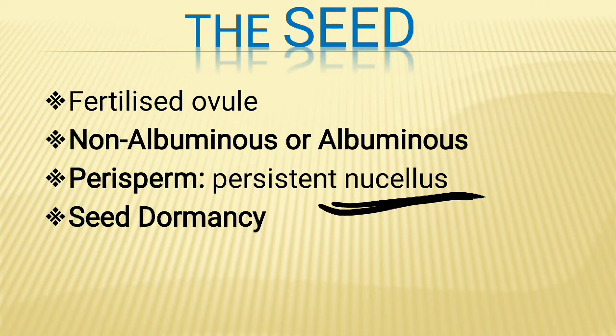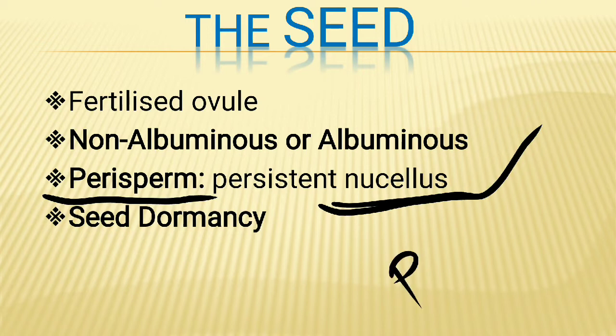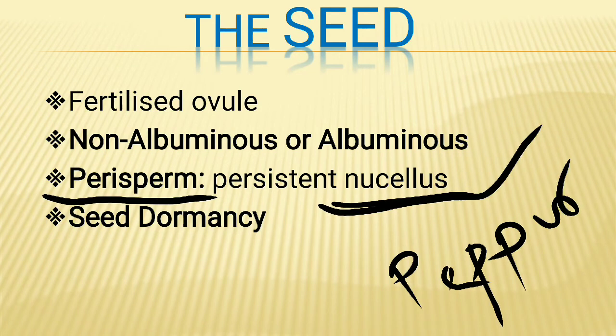If the nucellus persists within the seed after the development of seed, then that structure of the seed we call perisperm. And an example for perisperm is our pepper.